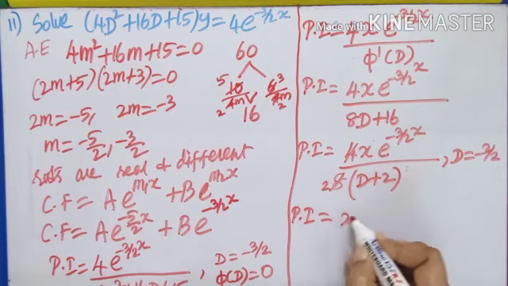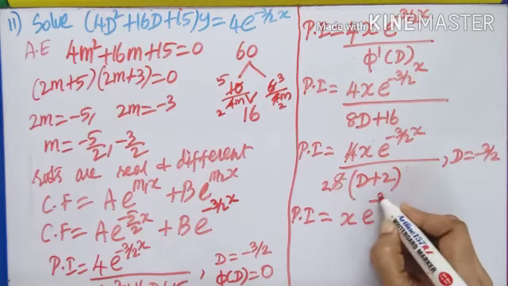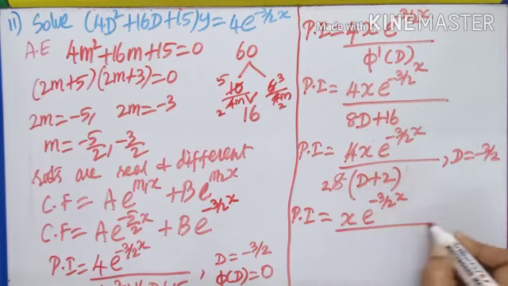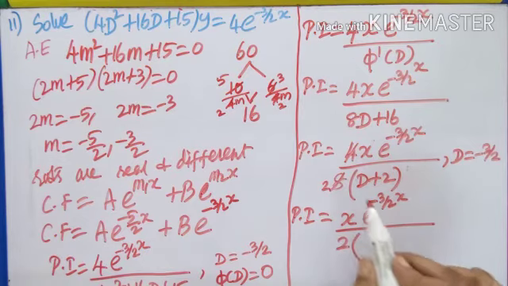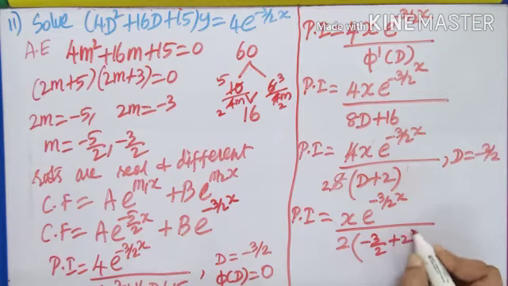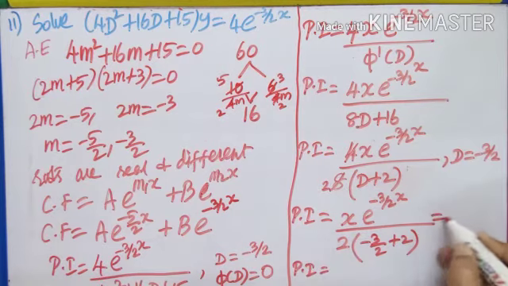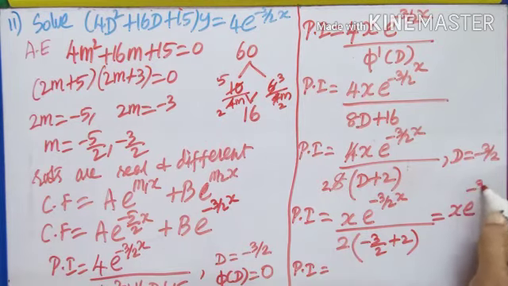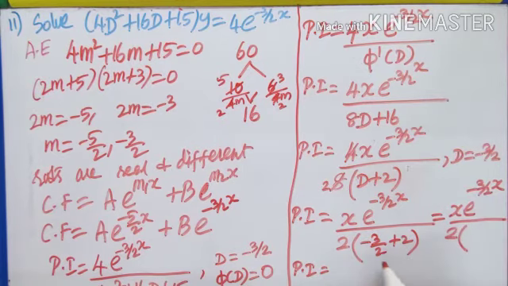PI equals x e power minus 3 by 2 x divided by 2 into, wherever D comes, put minus 3 by 2 plus 2. This is 4 minus 3, that is 1 by 2. So PI equals x e power minus 3 by 2 x divided by 2 into 1 by 2. 2 and 2 will get cancelled.